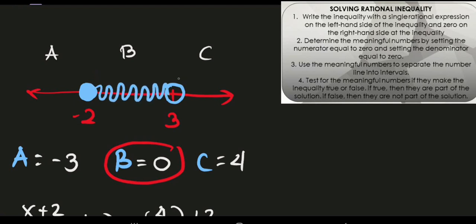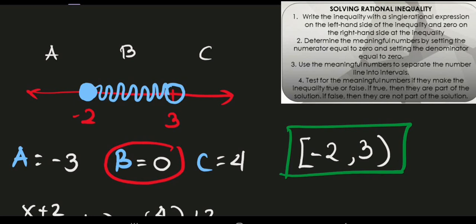If you want to express it in interval notation, we have the value of negative 2 as part of our solution up to 3. That is our final answer.